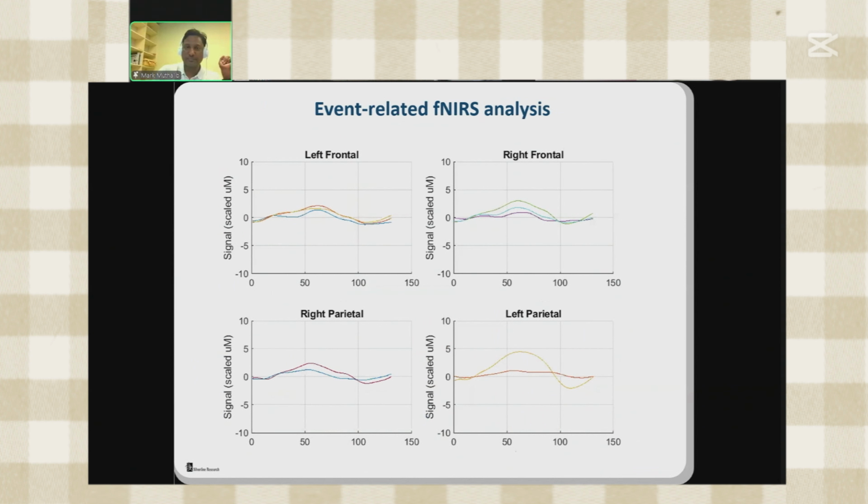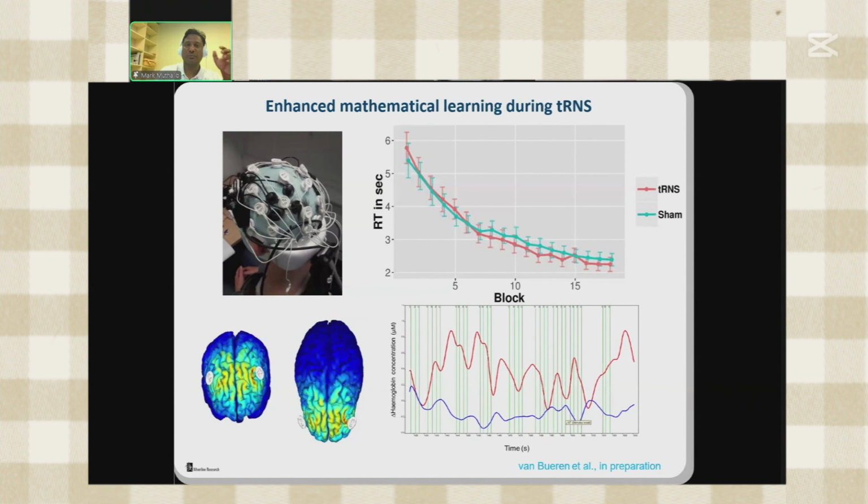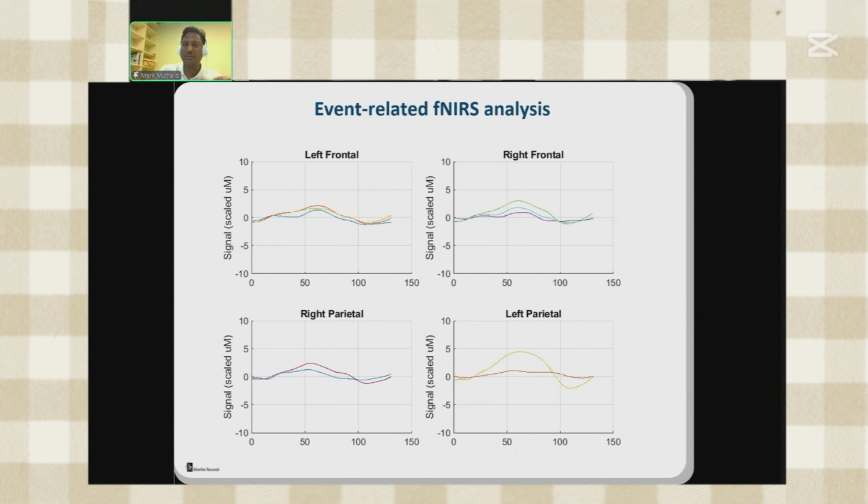And we were able to finally do some analysis on this data, choosing a number of channels in the frontal area and the parietal area to see if the stimulation had effects on the hemodynamic signals, which represents the improvement in performance. And we're currently working on this, and we're finding some interesting results, which should be published soon.